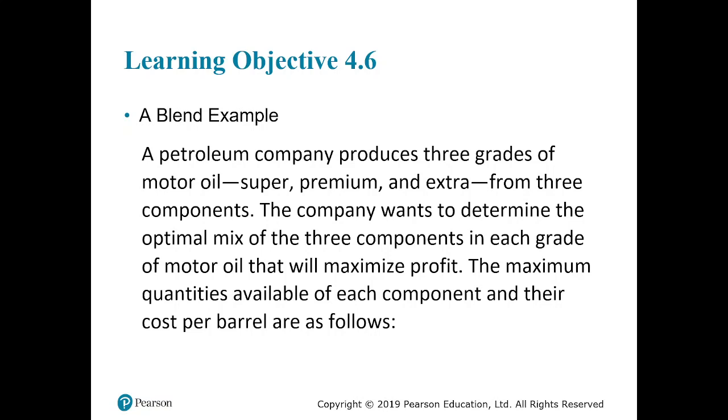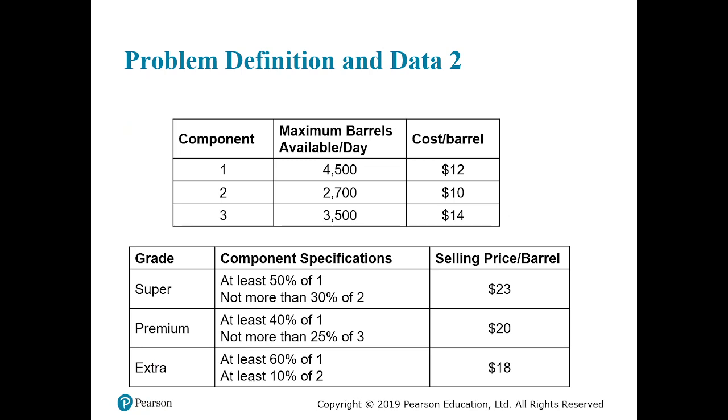So the company wants to determine the optimal mix of the three components in each grade of motor oil that will maximize the profits, and the maximum quantities available of each component and the cost per barrel are given in the next slides. So you can see in the top table, this is the cost of each of the components.